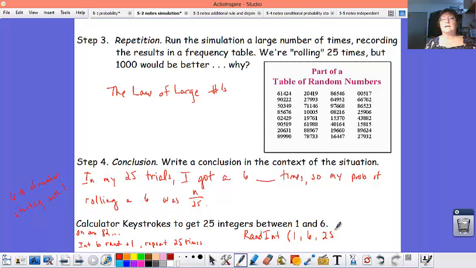We want 25 in this case. So again, that 1 starts, and 6 is our ending number because there are only 6 possibilities on a dice. And then the 25 is the number of repetitions that you need.